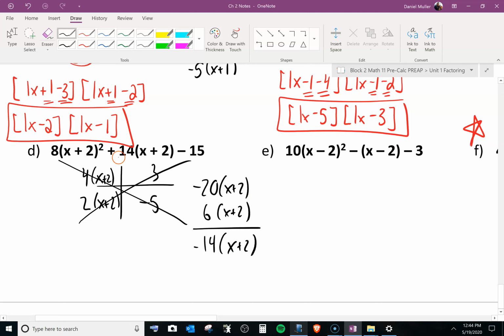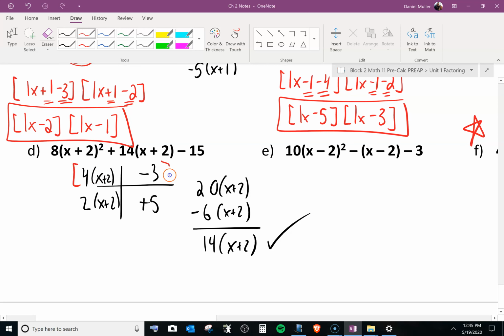Oh, it's close. I need positive 14. So I can change this. I can make this positive one here. I can make that a negative and make this negative a positive. So now I get positive 20 and negative 6. 20 minus 6 is a positive 14. Good, that's what we want, a positive 14, x plus 2.